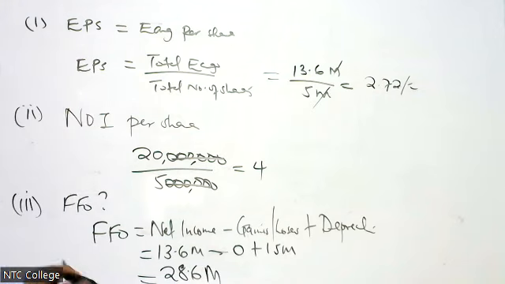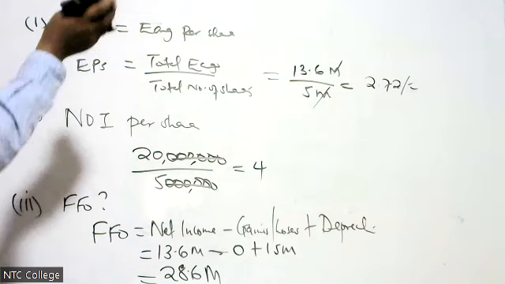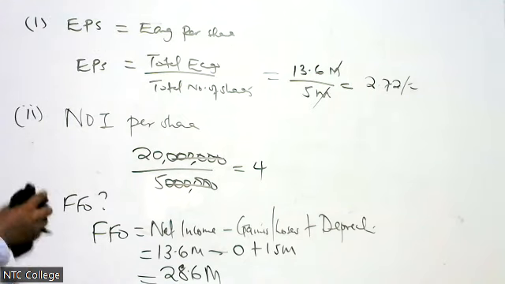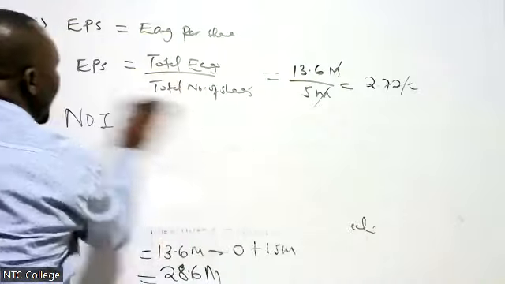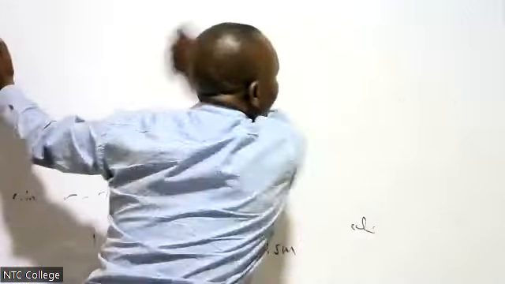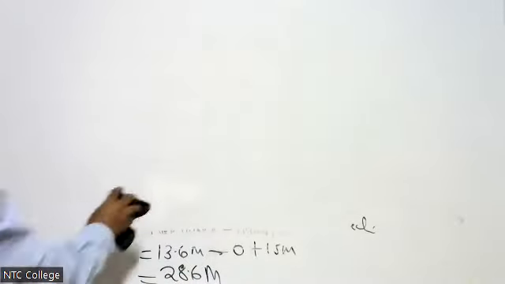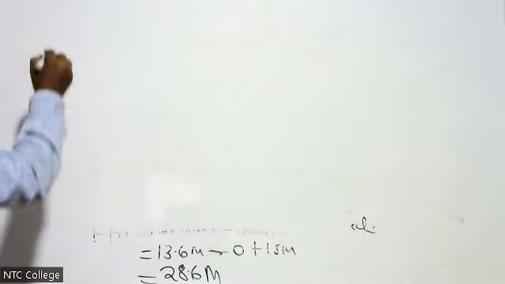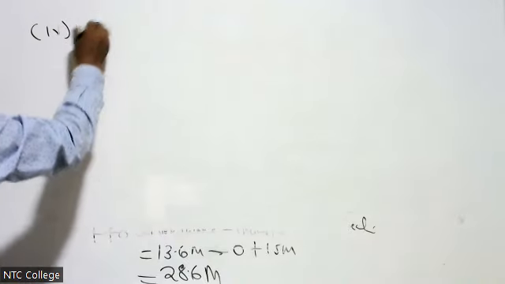They can also ask you to get FFO, that is funds from operation per share. FFO per share. That is the next one.